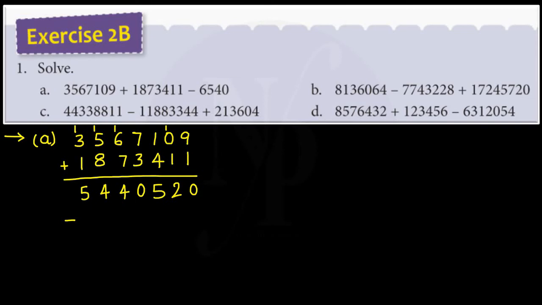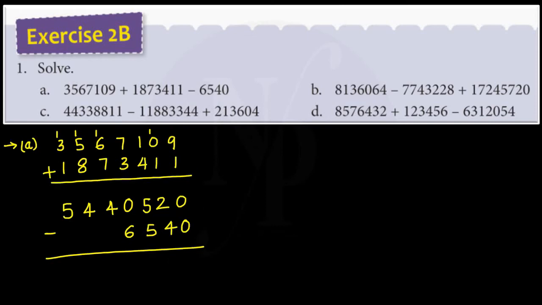Now let us subtract 6,540 from this sum. Let us subtract now. 0 minus 0 is 0.